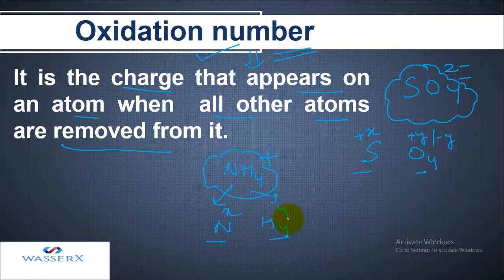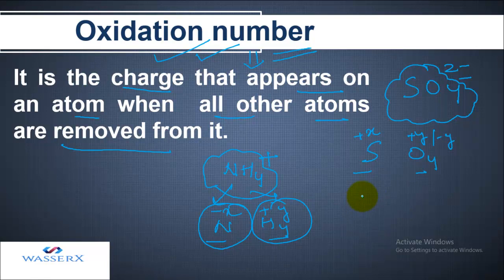It will be something else, and can be positive or negative respectively. So these charges which appear on them when they are separated are called their oxidation number or oxidation state. So I think you got it: oxidation number or state is the charge that appears on an atom when all other atoms are removed from it.